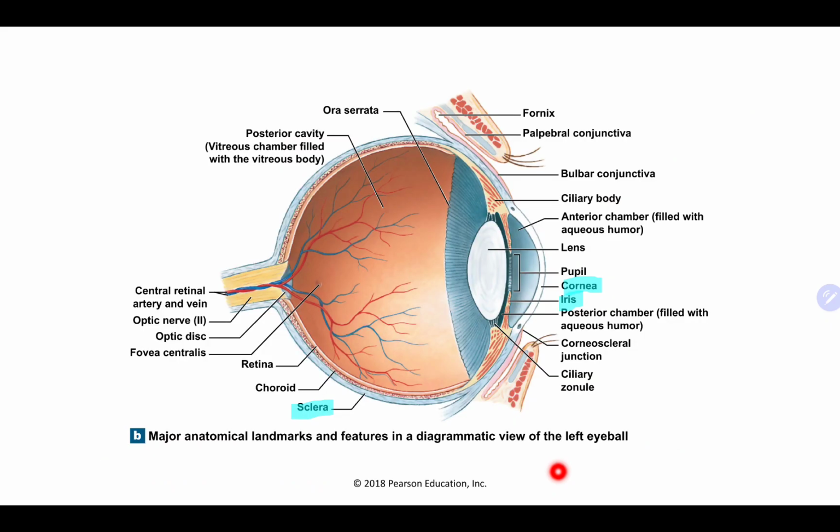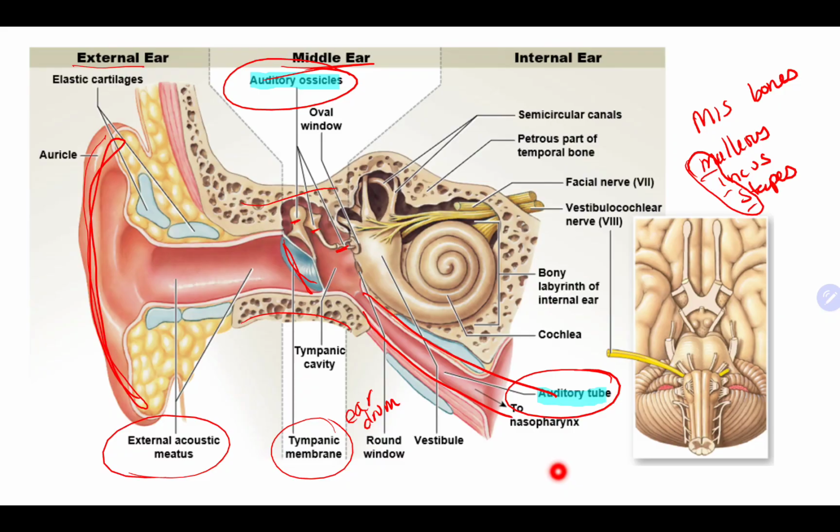And then we also talked about some of the structures of the eye as well. But I did want to mention, remember, in the internal ear, I didn't talk about the internal ear, but in the inner ear we have the sense organs for hearing and equilibrium. We have this vestibule complex for equilibrium, and then we have this cochlea here, and that's going to be for hearing.